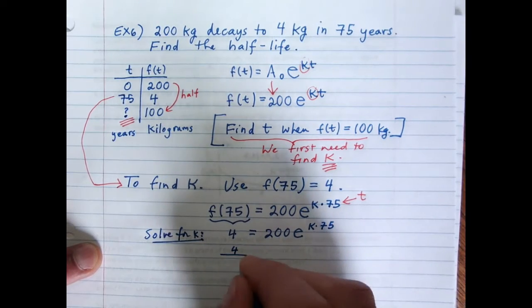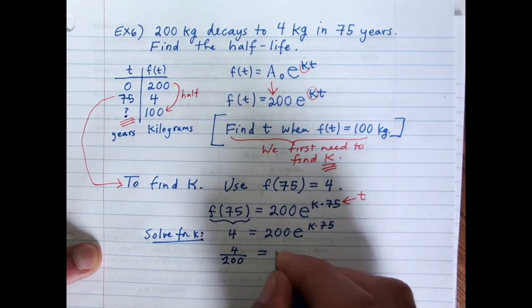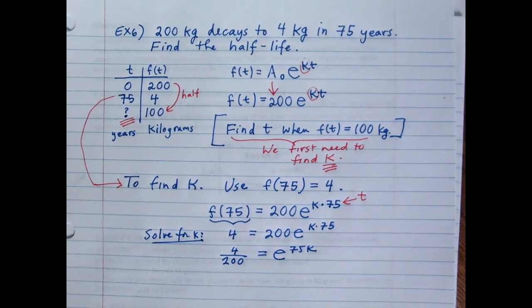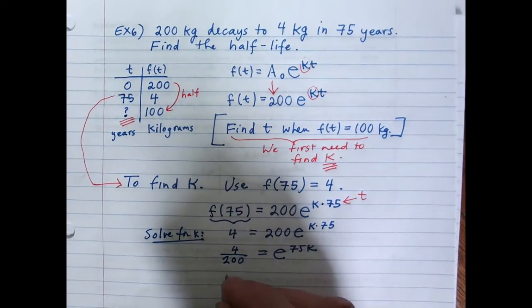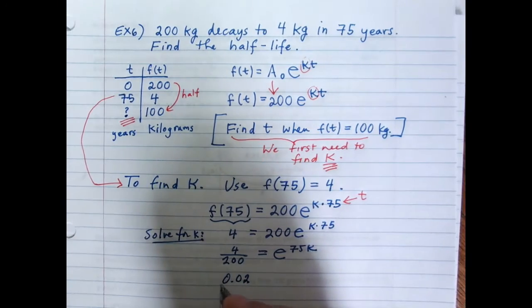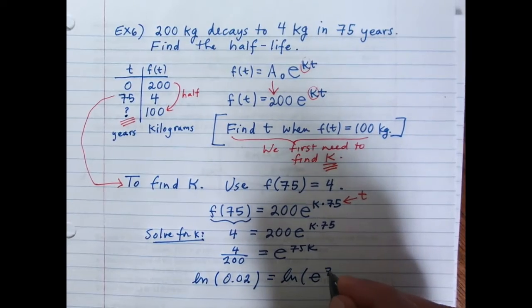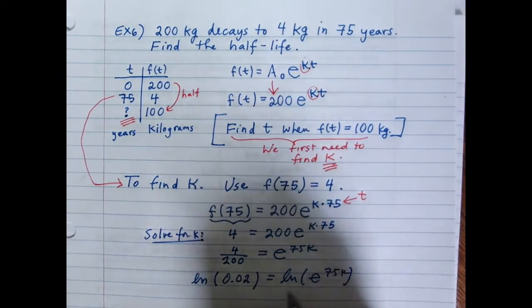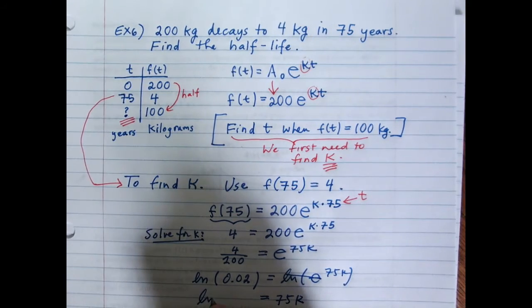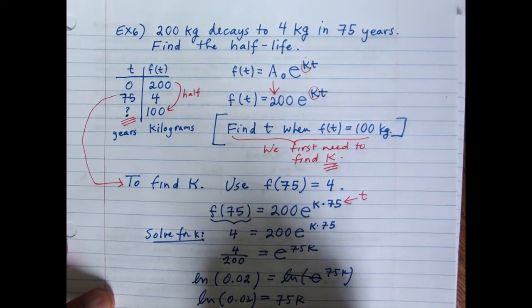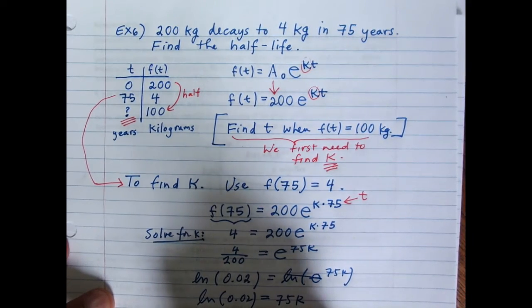So 4 over 200 is equal to e to the 75k. 4 over 200 is 0.02. And if I take ln of that, that's ln of e to the 75k. ln and e cancel. I have 75k on the right. ln of 0.02 is 75k. So divide by 75.